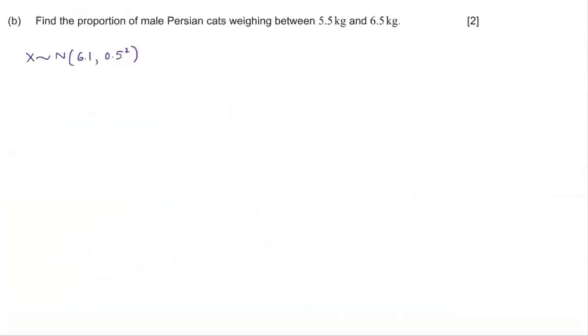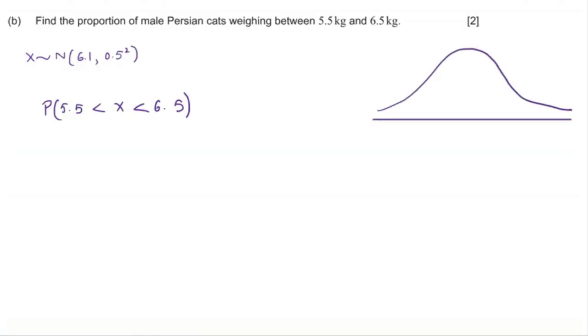Part B, find the proportion of male Persian cats weighing between 5.5 and 6.5. So we need to find the probability that weights X are within 5.5 and 6.5. So you can show this in the bell curve also. 6.1 is in the middle.